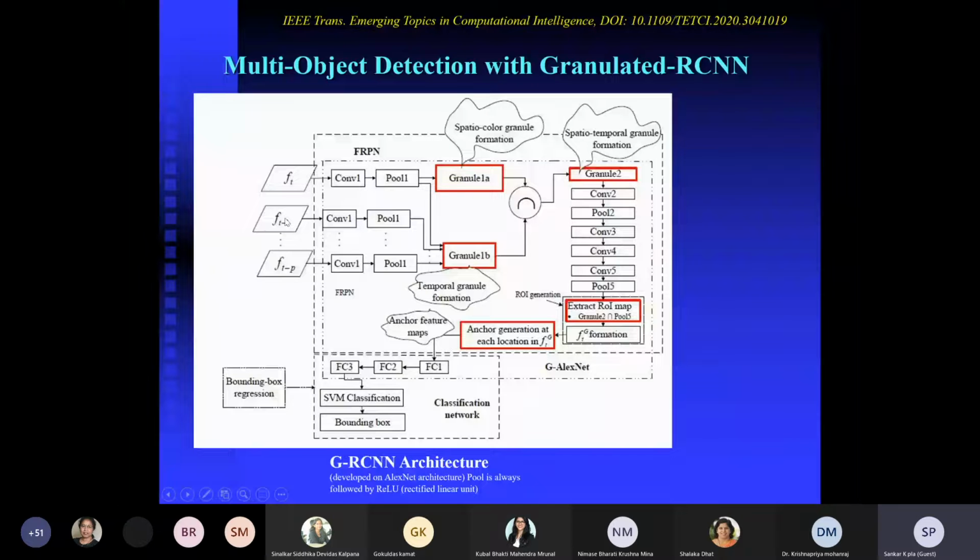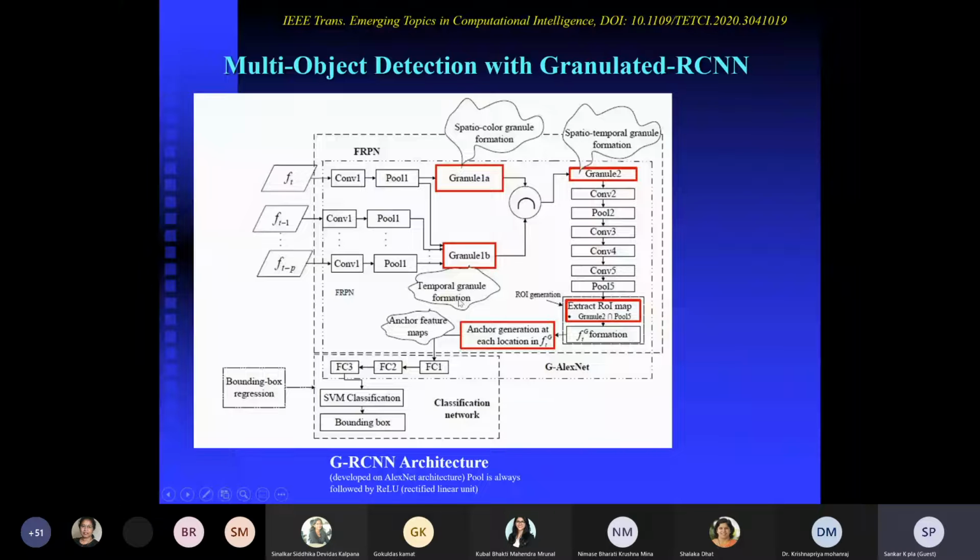I take frames F1, F2 of the series through spatial convolution and pool 1. This is based on the AlexNet architecture, based on CNN. From that, I extract a spatio-temporal granule. It's a temporal granule. I use a spatio-color granule. Then I take the intersection.